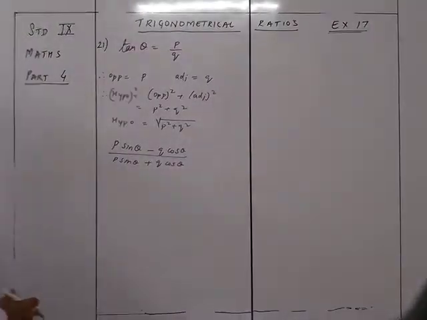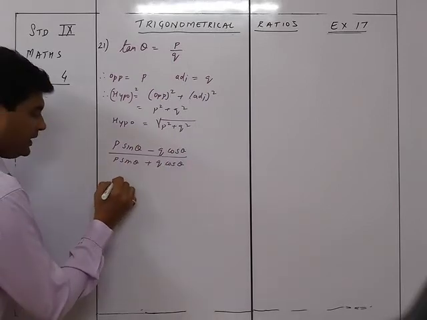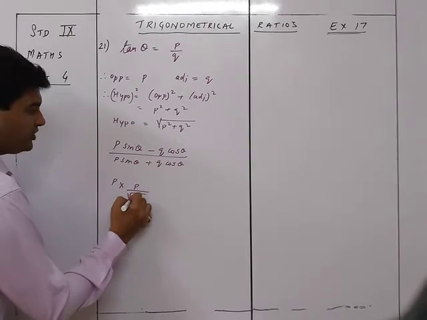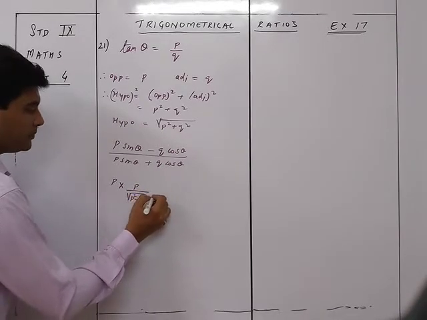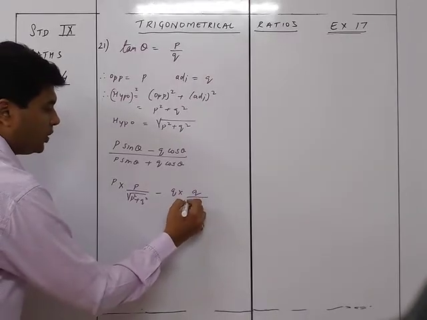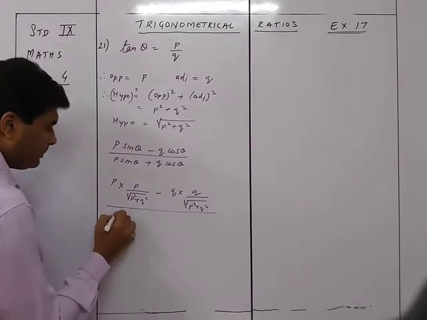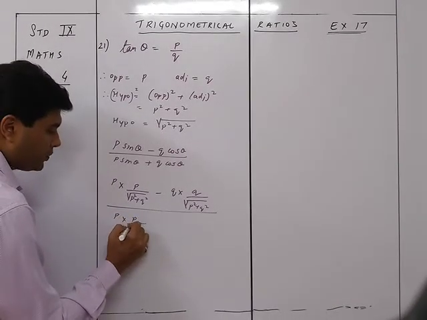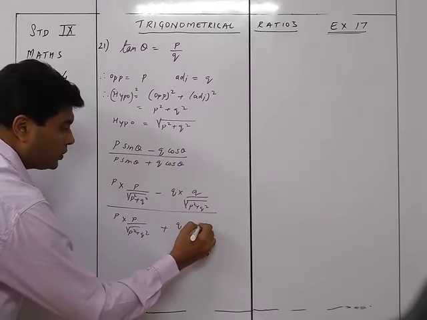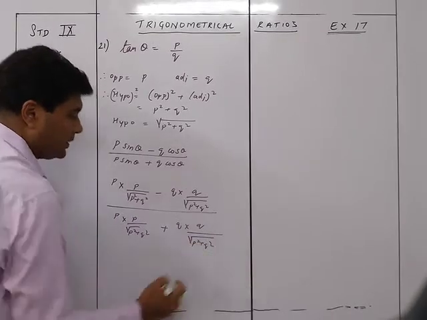So you can see here that sine theta is opposite upon hypotenuse. So it will be P into P upon root of P square plus Q square minus Q into Q upon root of P square plus Q square, upon P into P upon root of P square plus Q square plus Q into Q upon root of P square plus Q square.